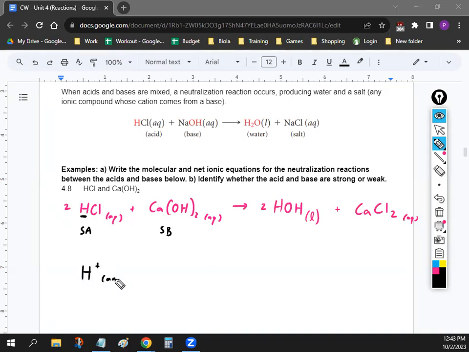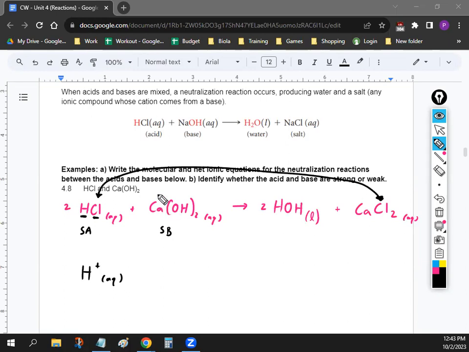If we take a look at chlorine, does chlorine change its state of matter? No, it doesn't, because it's aqueous, and if you look on the right side of the equation, it is still aqueous. Don't you have to say 2H+? Yeah, I'm going to balance it in a second. But yes, it is 2H+.